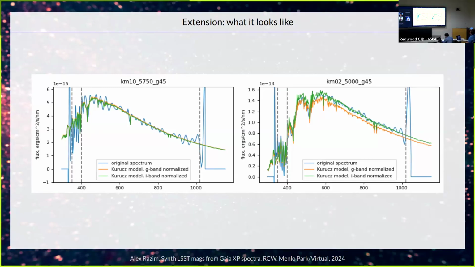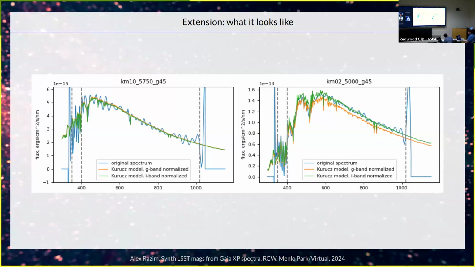So we find the best fit synthetic Kurucz model. And then we either extend our observed spectra or even cut these high noise regions and replace them with synthetic data, which actually proved to be a good idea.